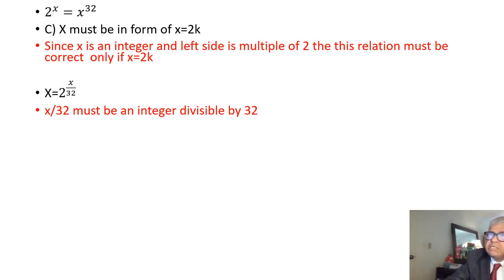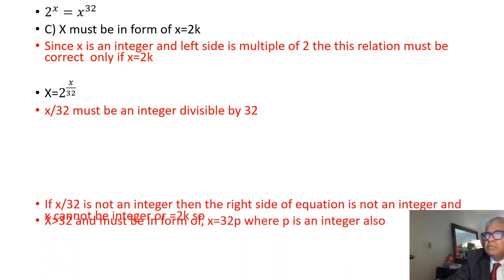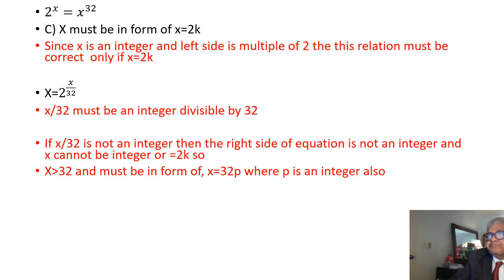So to create a number which is greater than 32. If it's less than 32, it cannot give us an integer. And I had explained it in here. So in general, x has to be in a form of 32p.